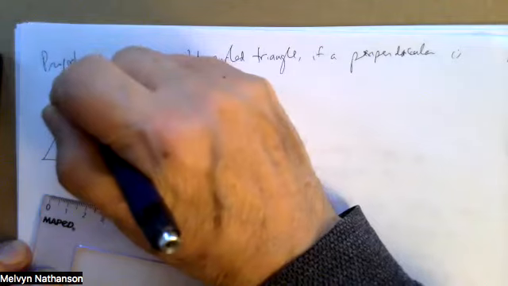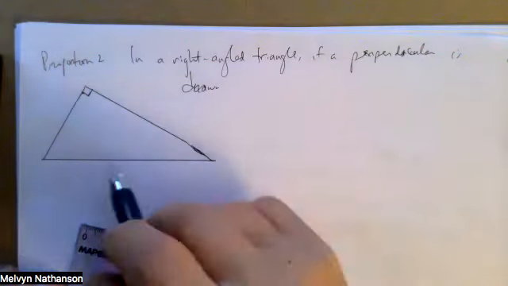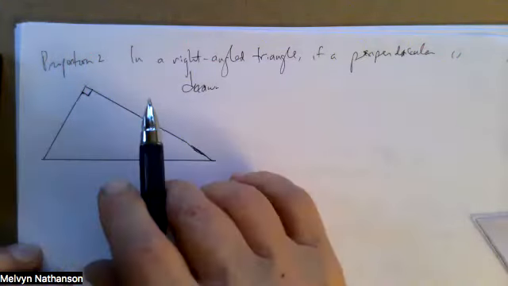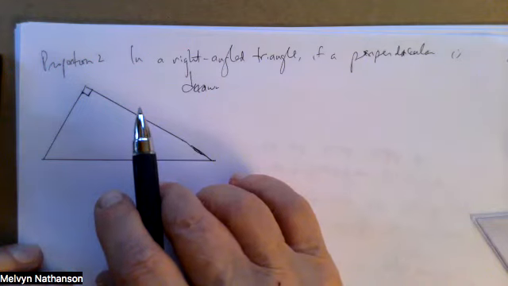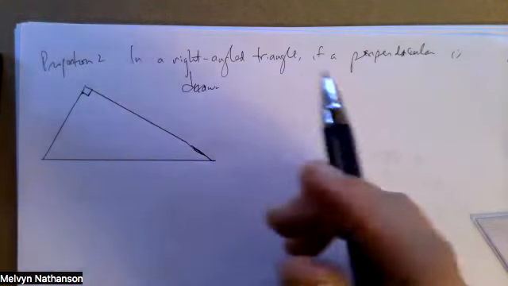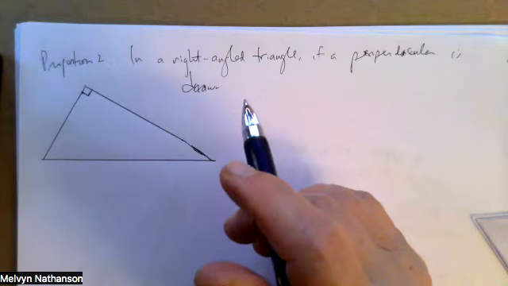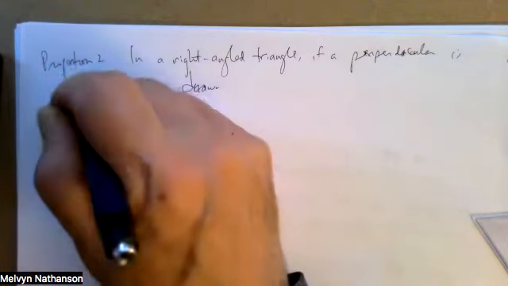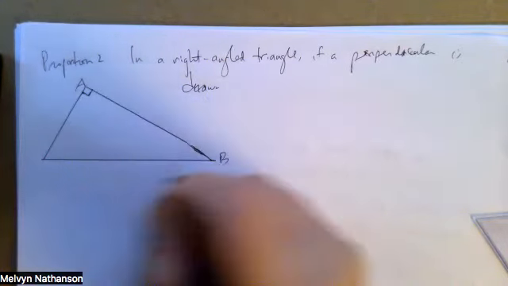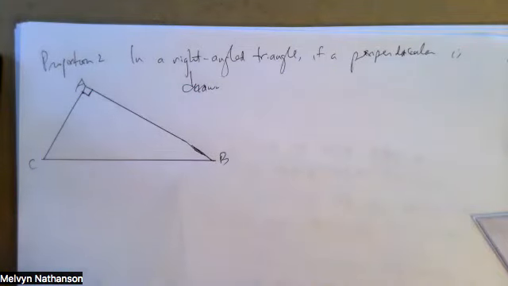So this is my right angle triangle. And think of this hypotenuse as the base. Maybe this is A, B, and C. That's the right angle.